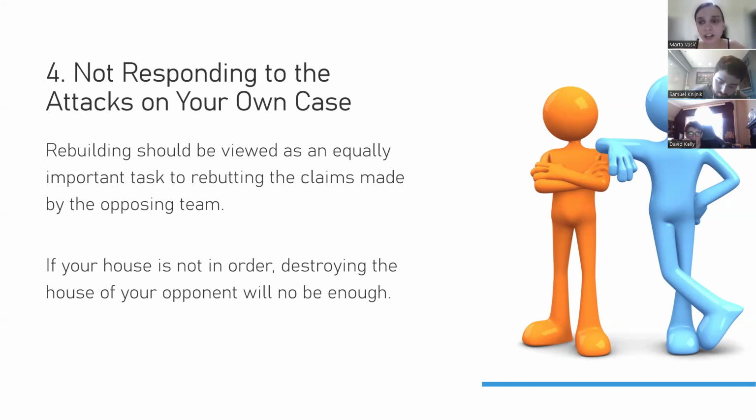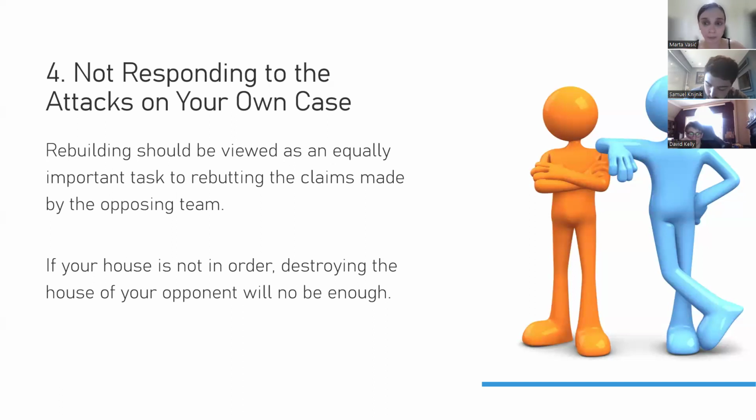I think that very often speakers are over focused on rebutting the other side. They are under focused on, for example, listening to their own first speaker and the rebuttal which is directly attacking their case, right? They're over focused on trying to rebut the arguments from the other side. And I don't think this is very good.